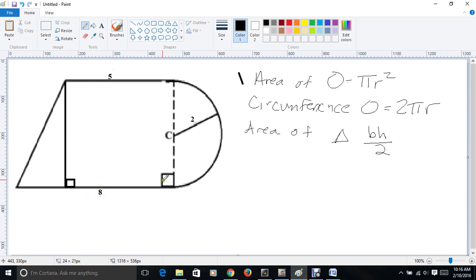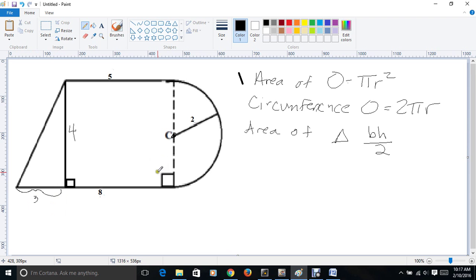This is 2 radii of the circle. It's the diameter of the circle. It goes right through the center. So the height of this rectangle is 4. I know that the width of the rectangle is 5. So this piece that's left over here, since the whole thing is 8, is going to be 3.